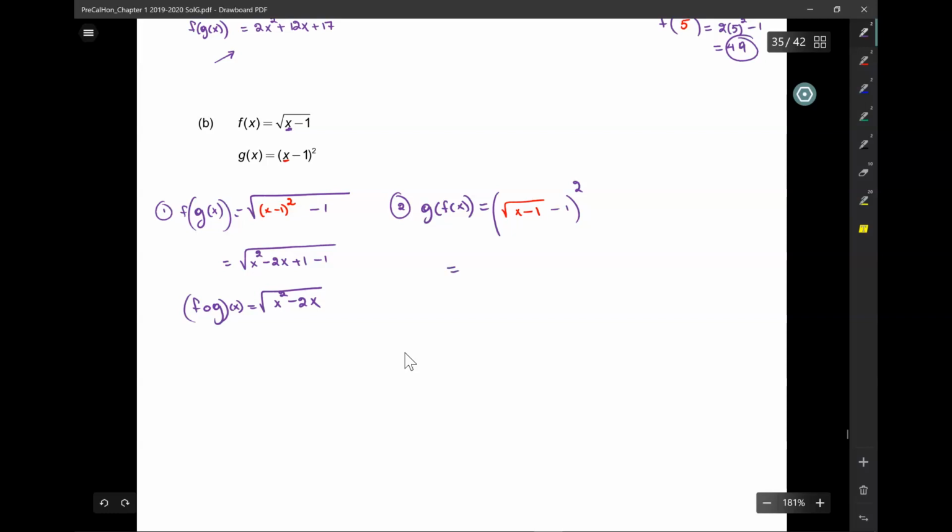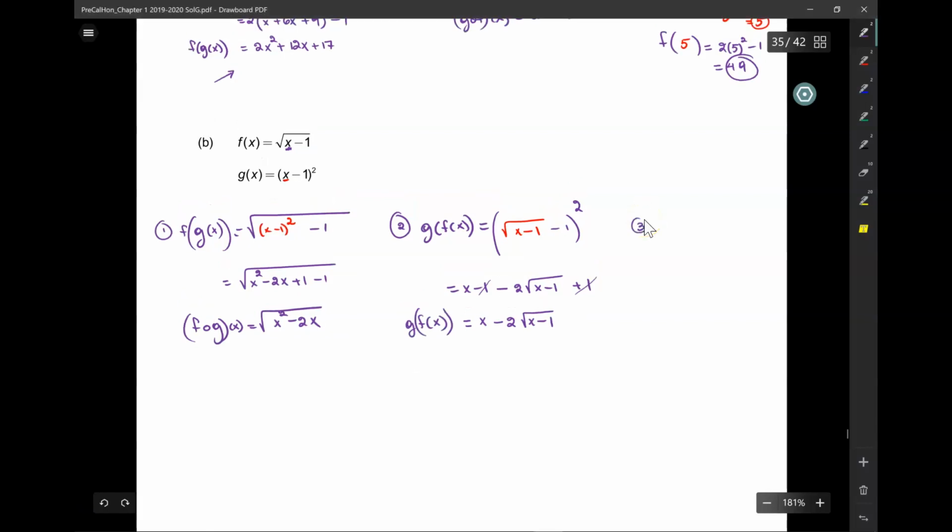I square the first term, x minus 1, minus 2 times the square root, plus 1. So now the negative 1 and the positive 1 go away. So I have x minus 2 root x minus 1. This is g of f of x.